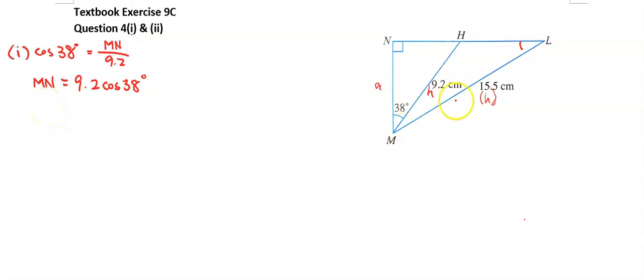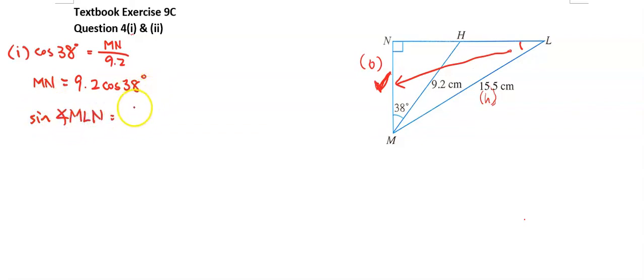Now since we know this side MN, and this side MN in the big right angle triangle is opposite to our angle MLN, we use sine. Sine of angle MLN equals opposite, which is our side MN, over the hypotenuse 15.5. To get angle MLN, we use inverse sine.